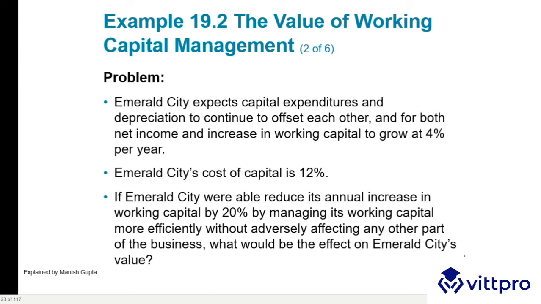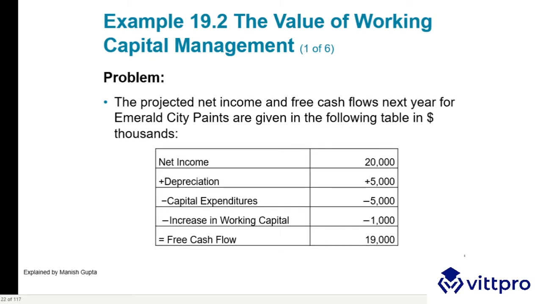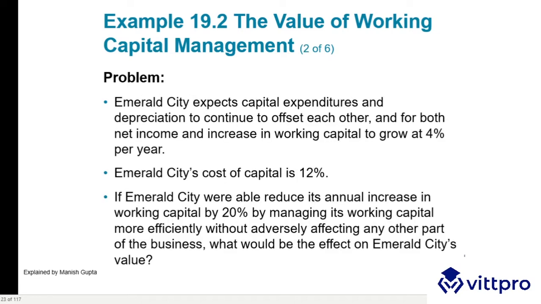Now they expect that capital expenditure and depreciation will continue to offset each other, because they are the same amount, and both income and working capital will continue to grow at 4%. If their cost of capital is 12%, and they are planning to reduce their working capital by 20% by managing it more efficiently, what would be the effect on their value?